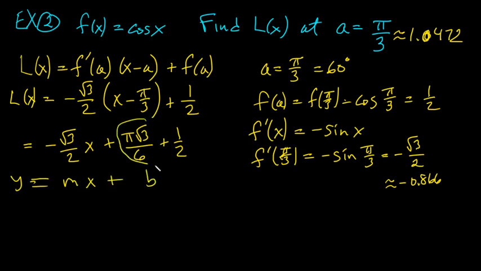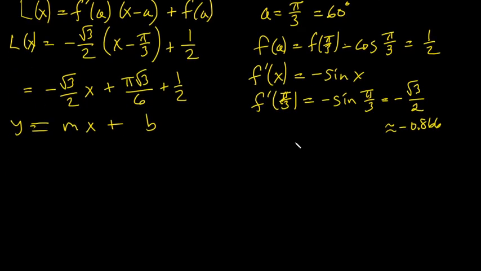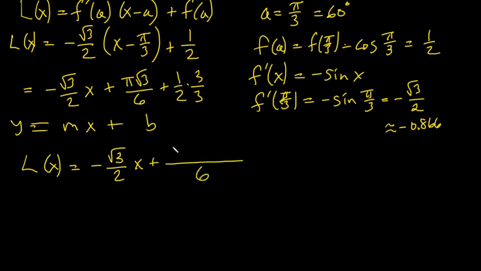And if you're worried that b is the sum of two numbers here, it's just a number. If you want to get a common denominator, just multiply top and bottom by 3. Times x, and then we can write b as one fraction, pi square root of 3 plus 3, over 6.